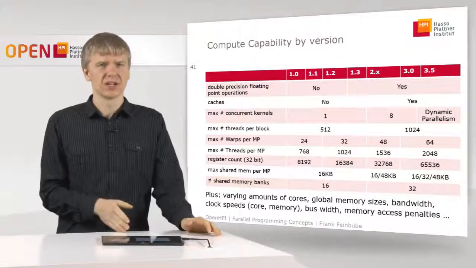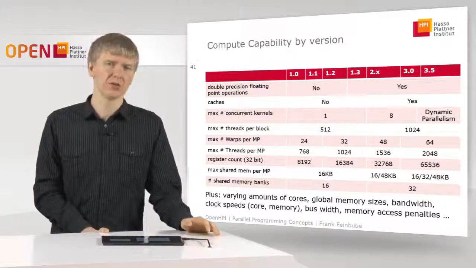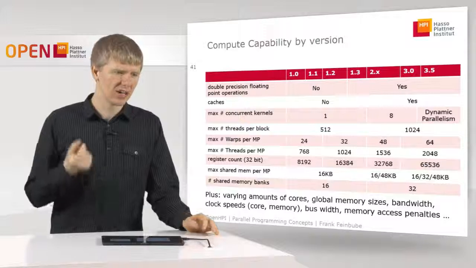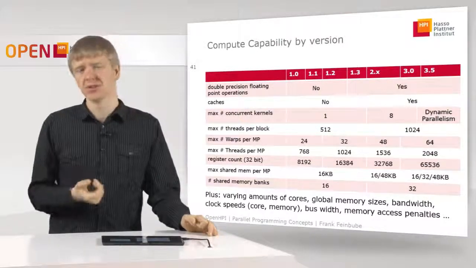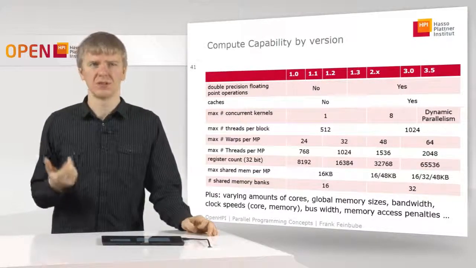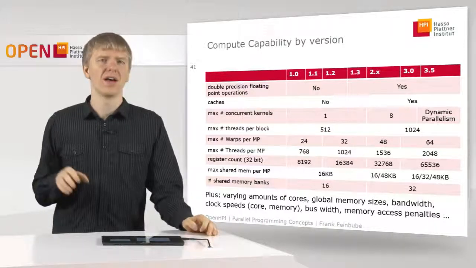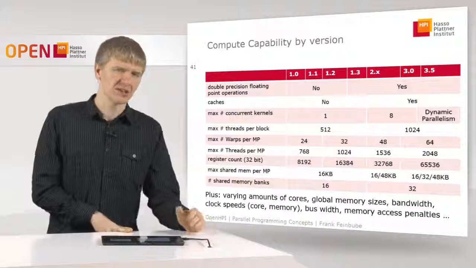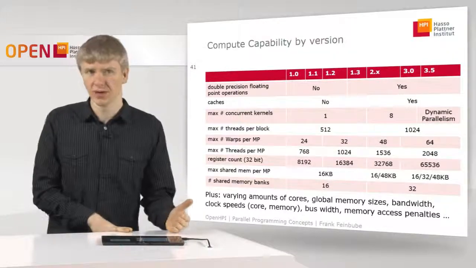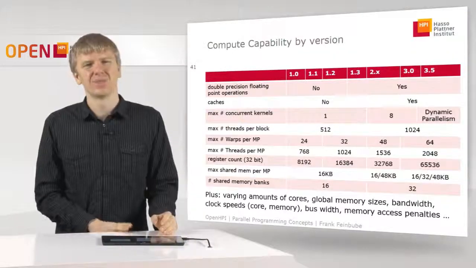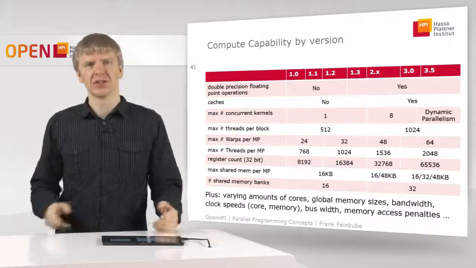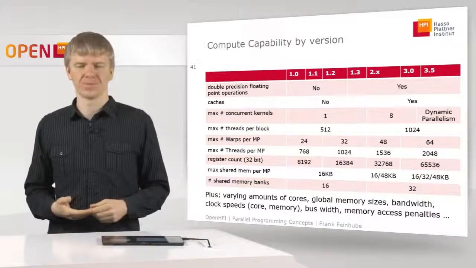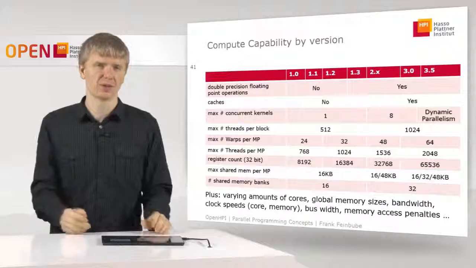Some of the older cards only support single precision floating point, so if you need really accurate results, you couldn't use them because you would need double precision floating point support, and this is only supported with the new cards. The old cards didn't have caches because they were graphics cards, basically. And the new cards have caches because they have this computation focus as well.